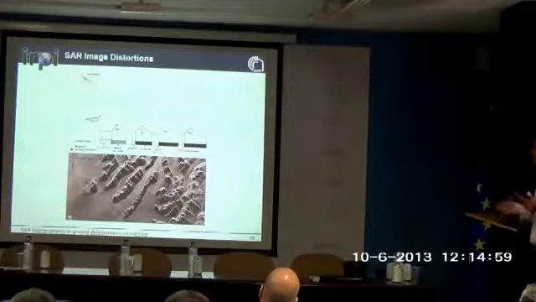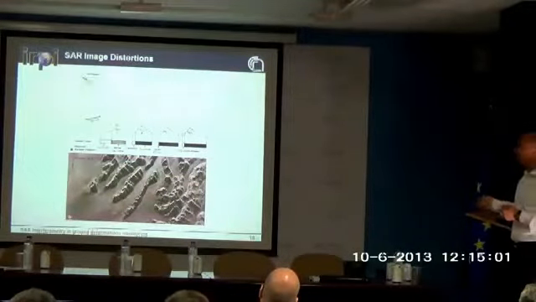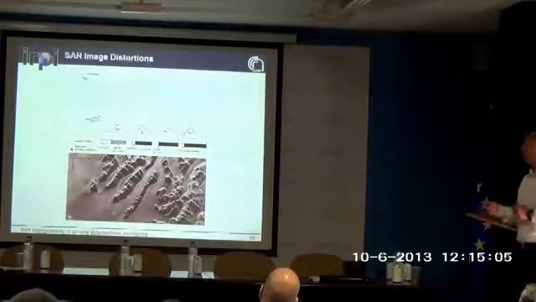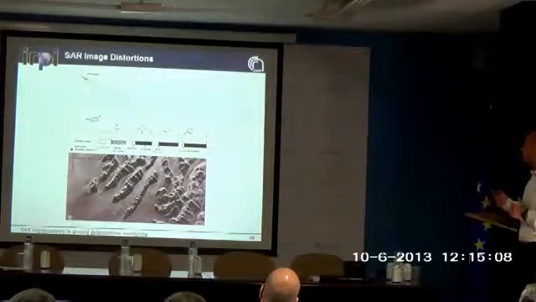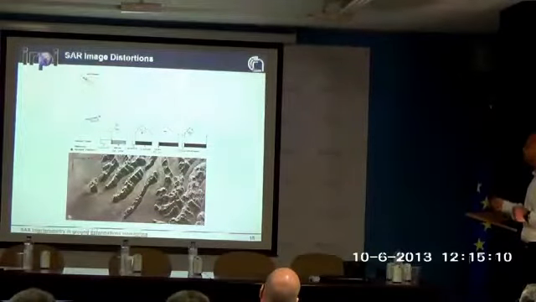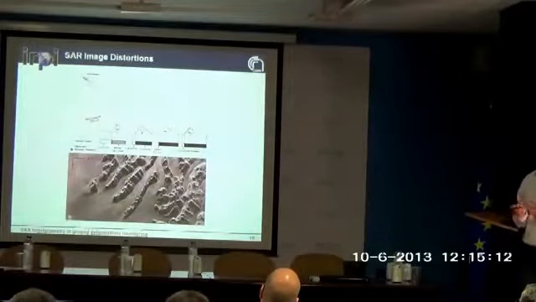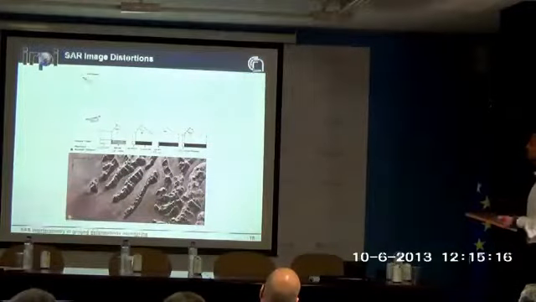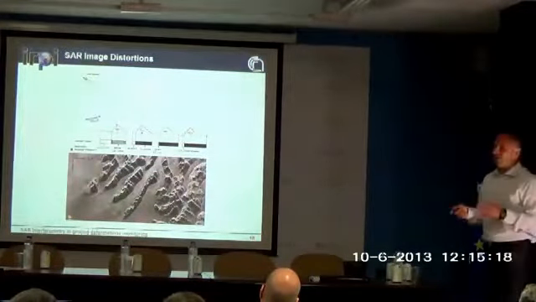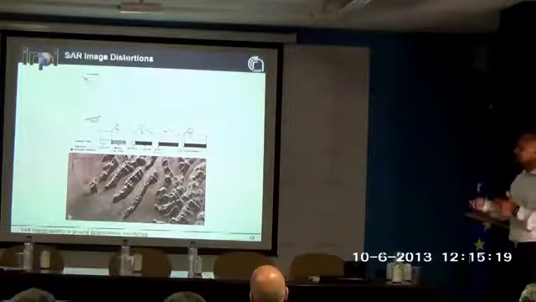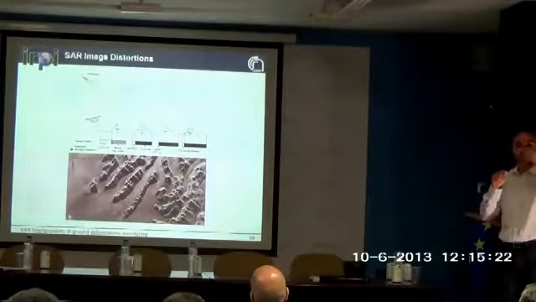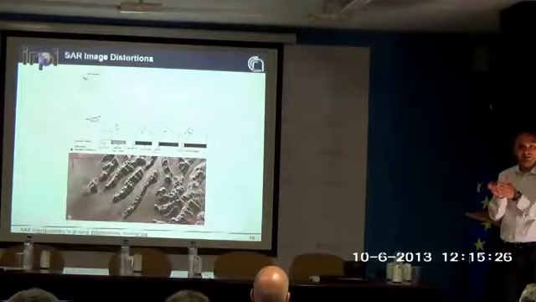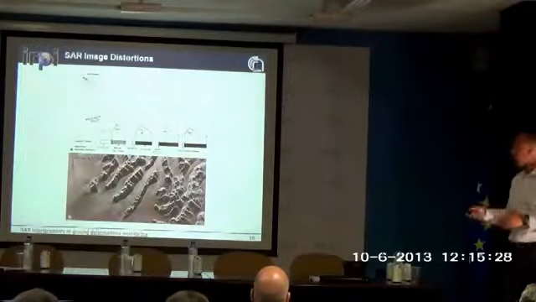So we have several deformations that we have to take account of, and the most important are these, for example, this foreshortening. If we have relief, if we have some topography, that means that the slope that is facing the radar in the images appears shorter than it really is in nature.